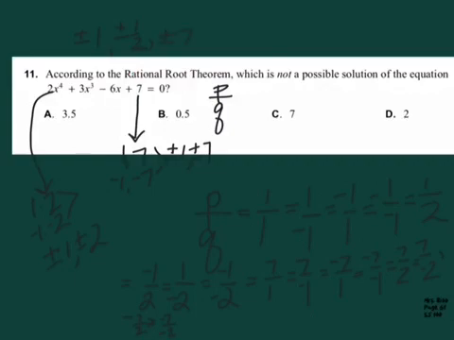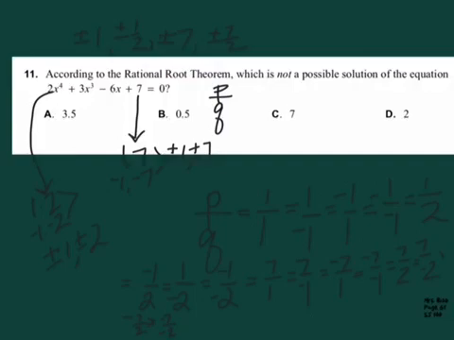To finish it off, I have positive 7 over 2, negative 7 over 2, so plus or minus 7 over 2. Those are the only possibilities that could be zeros to this function. So if I didn't have a graphing calculator and needed to show my work with synthetic division, I would only have to try 1, 2, 3, 4, 5, 6, 7, 8 of these numbers to find a rational root.